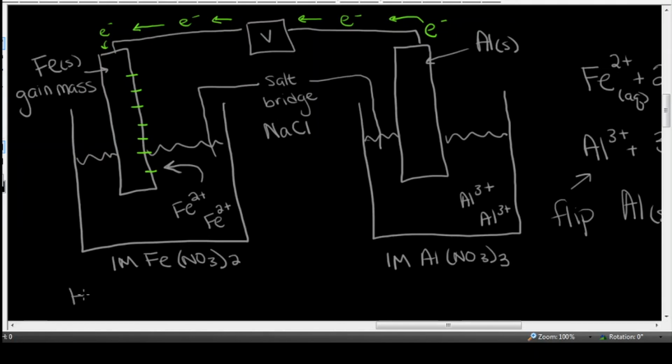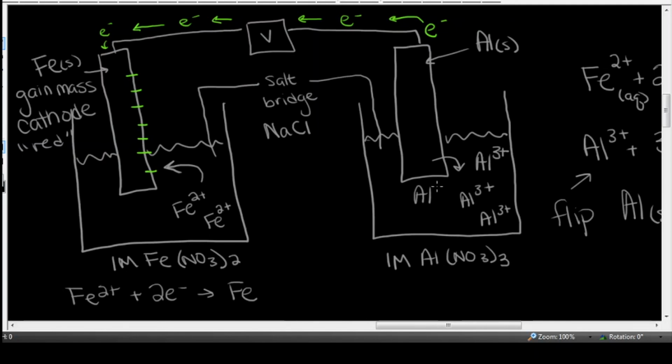This electrode is where the reduction is happening. Where the reduction is happening is the cathode, where the reduction occurs. And over here, as every aluminum atom loses electrons, they are going to be going into solution, producing more aluminum 3+ ions.